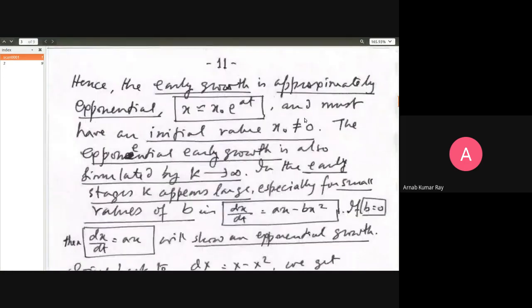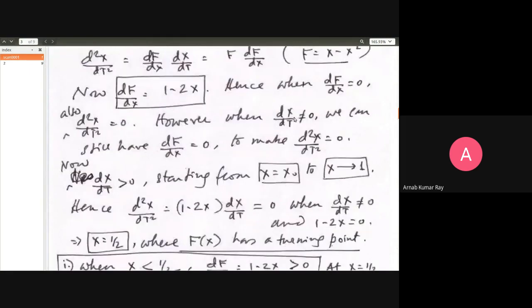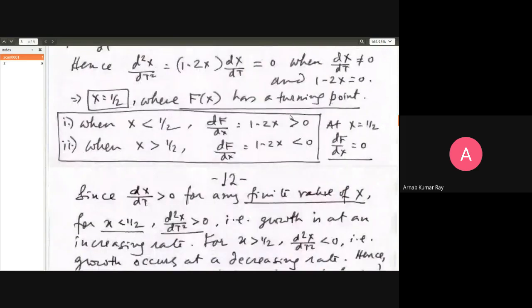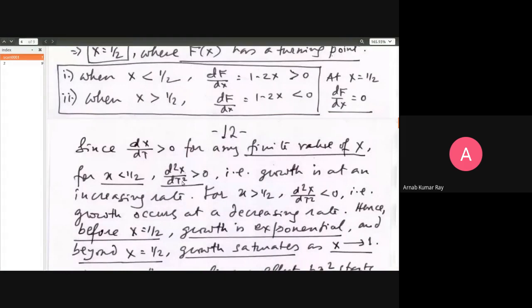So we now have to find a time scale for the transition from an early exponential growth to the later braking behavior. How will we find that time scale? What we have found is that this early exponential growth is sustained till capital X is equal to half, because up till then you will have d2x dt squared with a positive sign.